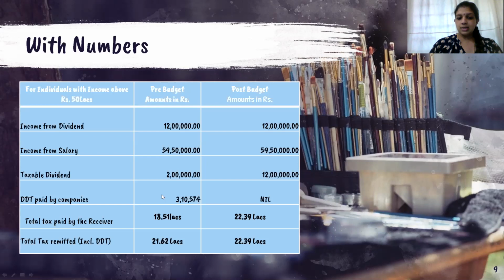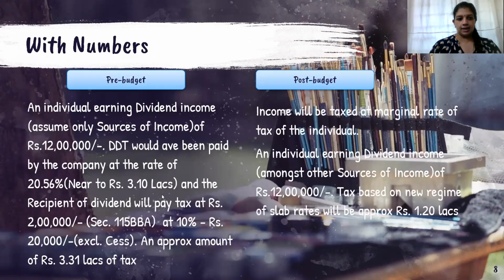And with numbers, the difference of the tax paid before and after DDT removal will keep on increasing with the increase in the amount of income above 50 lakhs.